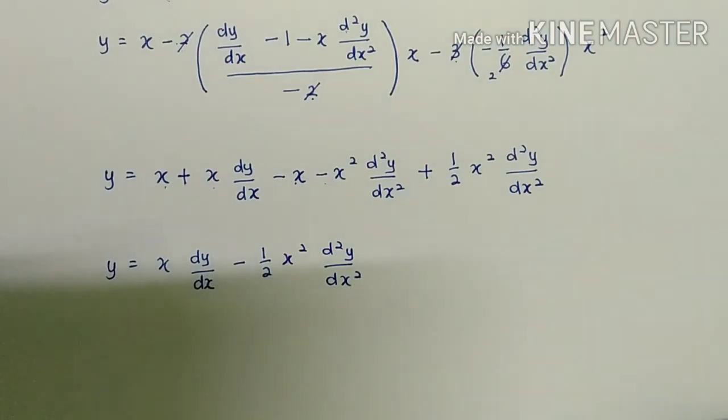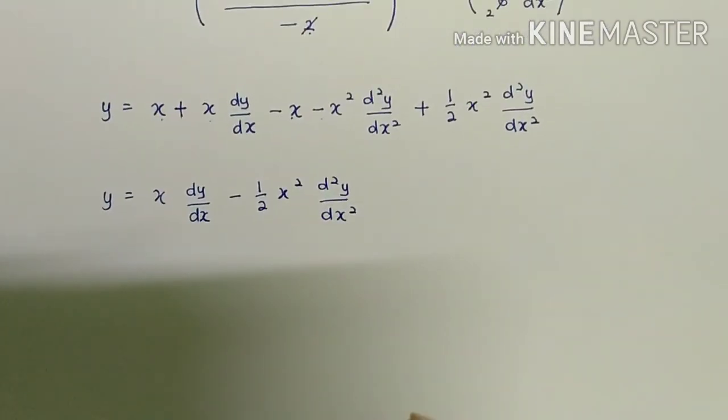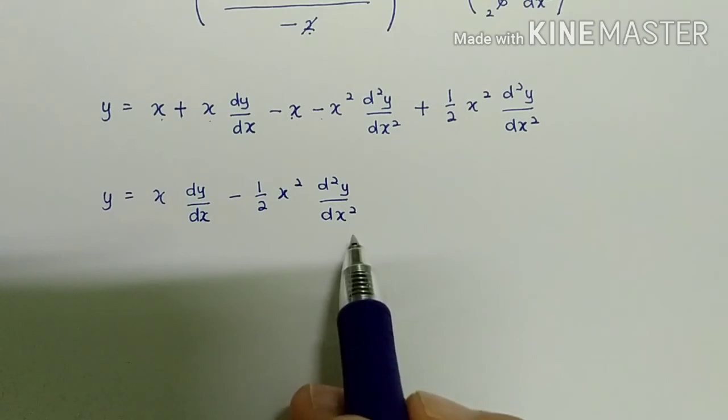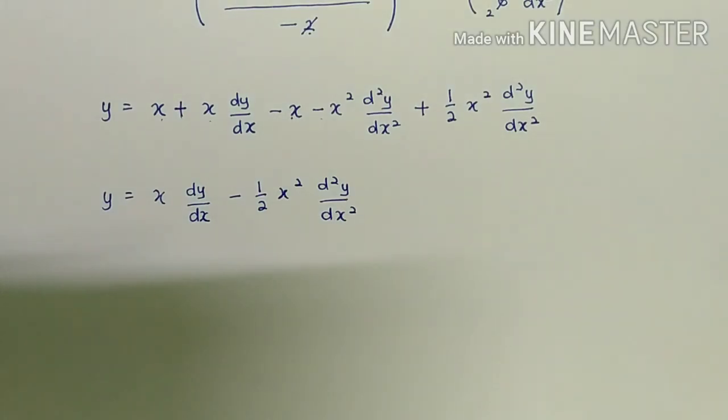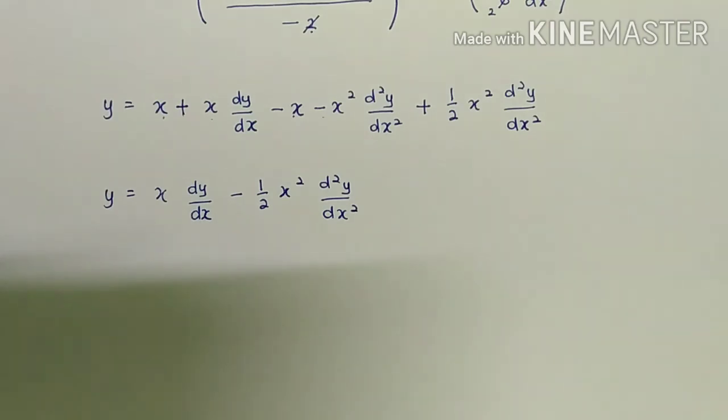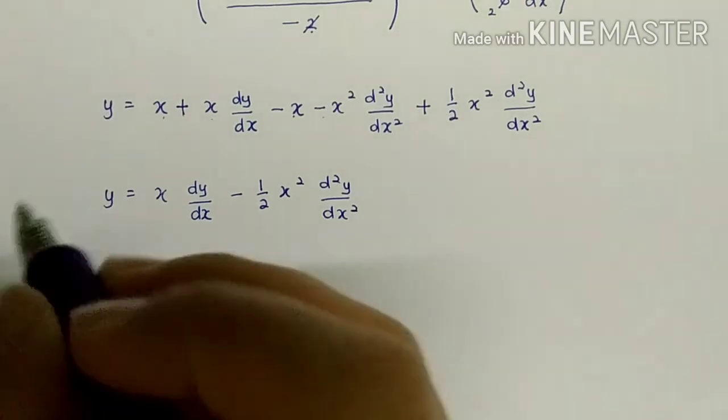So our last step is we collect all the terms at one side only. For example, these two terms at the right side, we transfer to the left side.